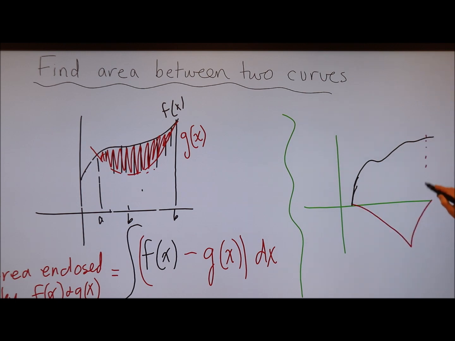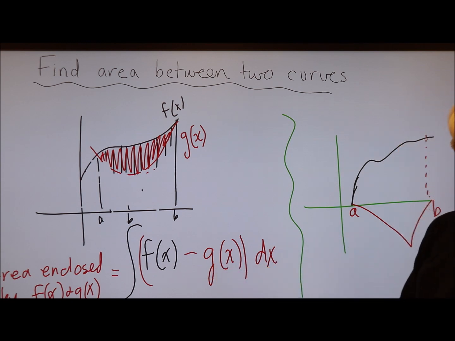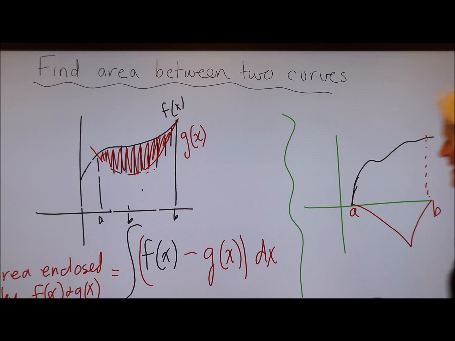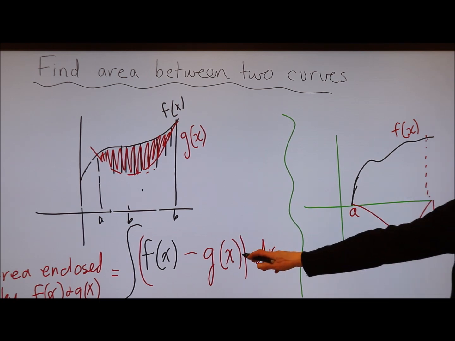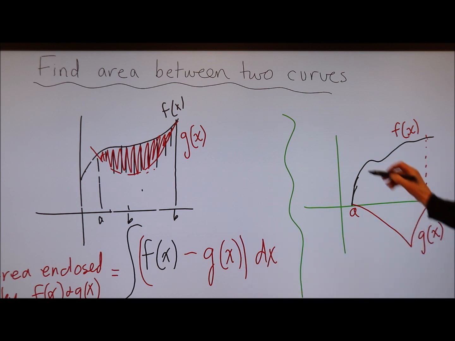And let's say I just wanted to find the area enclosed between those curves on the interval a to b, okay? Is this formula still going to work? Is it still going to be the area under f of x, minus the area enclosed between g of x and the x-axis? Think about if this equation would find this area.